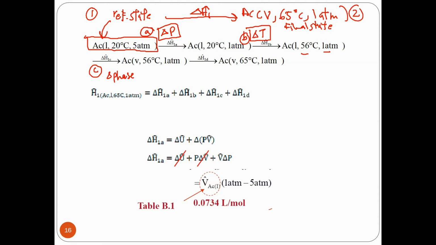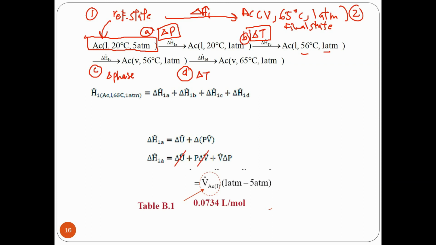So at step D, we are having our change of temperature at constant pressure and phase.